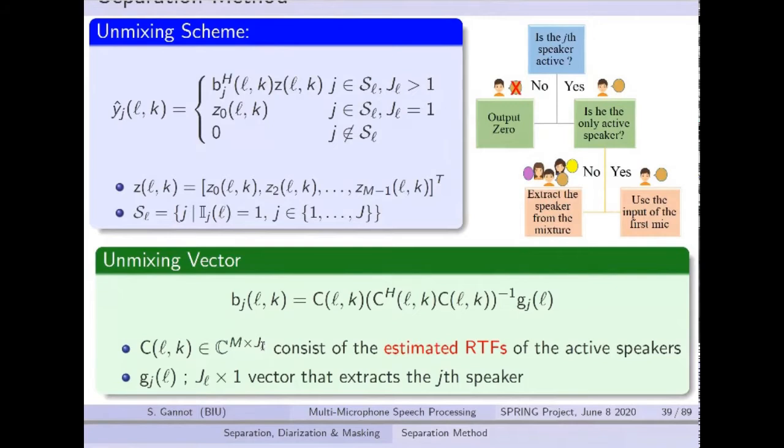This is very important when analyzing a conversation, but for the ASR it's less relevant, I think, since the ASR needs each speaker separately. So for this I need to know each RTF separately. In the other application I can have a basis that spans these RTFs, and this can go into C. This is why I called it C and not H, in order to distinguish between H, which is the exact RTFs, and C, which is a basis that can span them. Okay. Thanks.